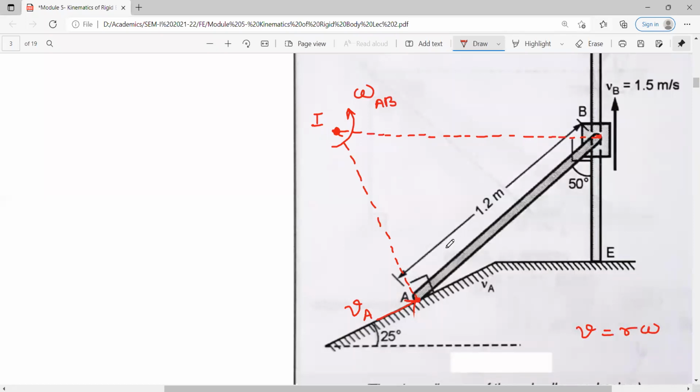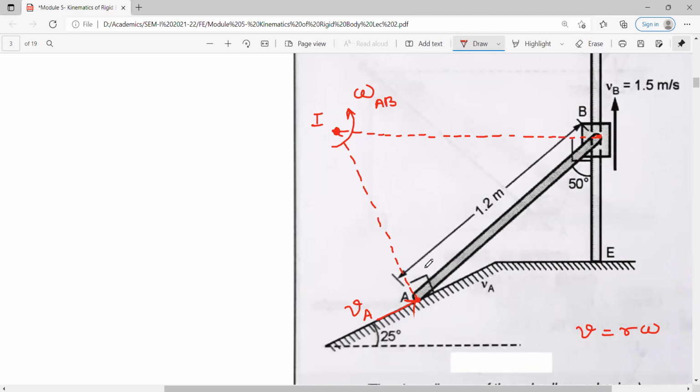So for that purpose, I am interested in finding IA and IB. I know that the distance between point A and point B is 1.2 meter. Now I should know the other angles of this triangle so that I can find the distances IA and IB.